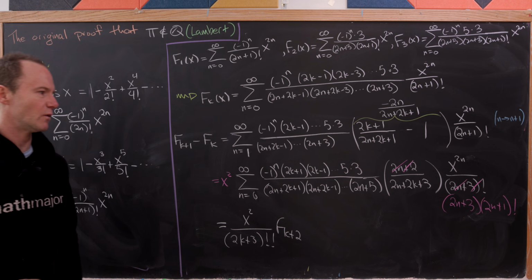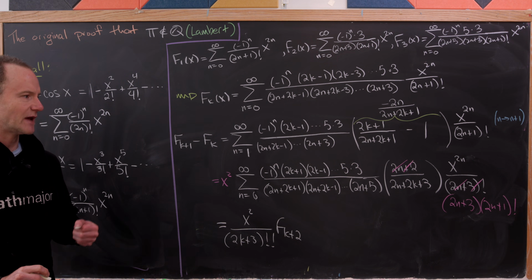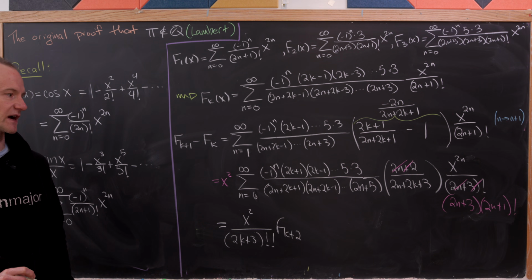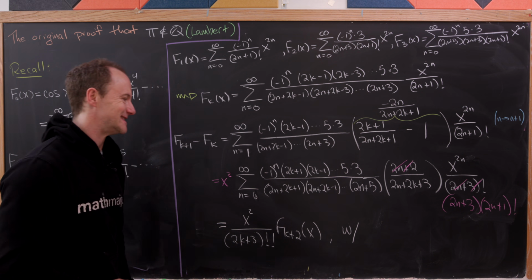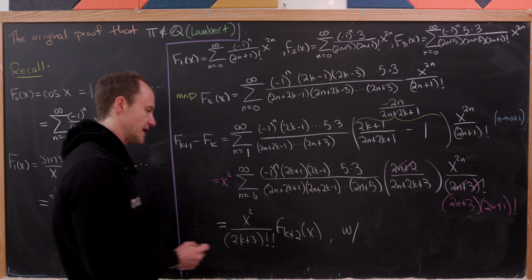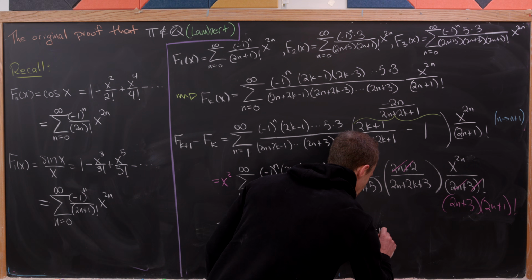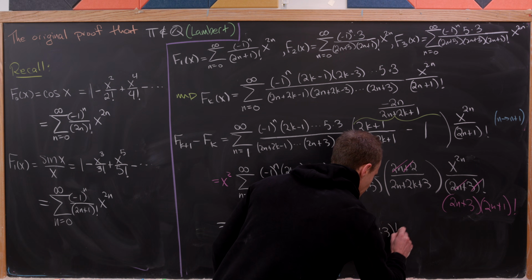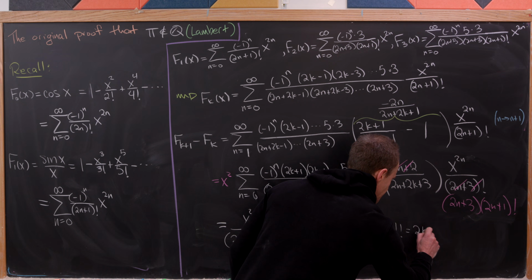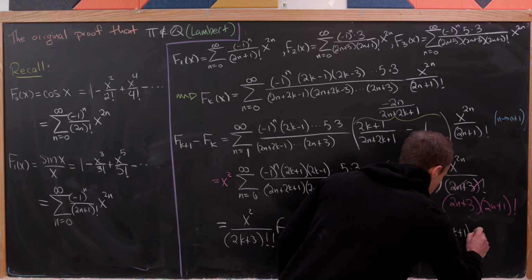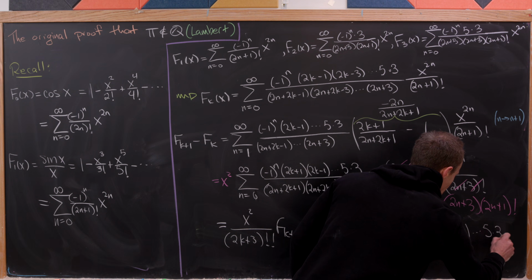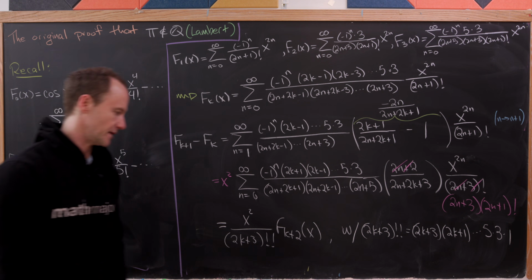And you might say, well, what is 2k plus 3 double factorial? Well, it's exactly what you want it to be, this descending product of odd numbers. So 2k plus 3 double factorial is equal to 2k plus 3 times 2k plus 1 all the way down to 5 times 3 times 1.